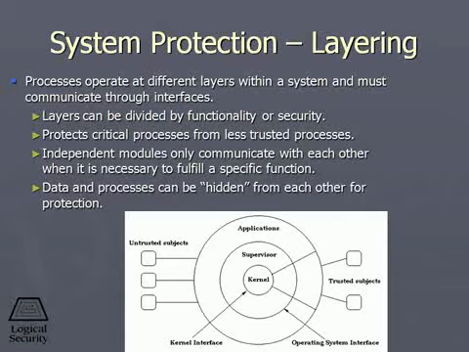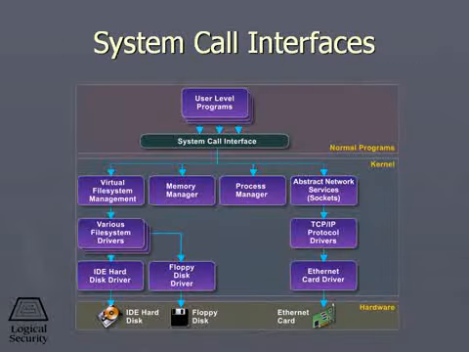Again, this is a functional tool, but it is also where we need to implement security. So they are security components as well. We only provide APIs to processes at higher layers that we choose and authorize access to. So here again we see the hardware at the lower layer, the kernel or the executive services in the mid layer, that's the operating system, and then we see the user level operating at the highest level.